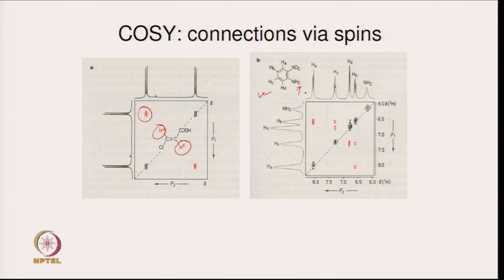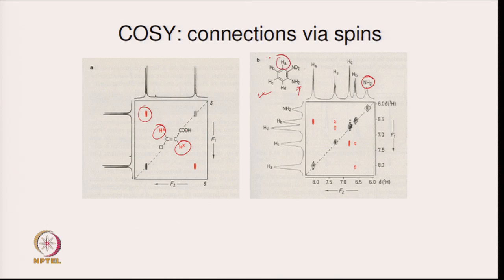If you look here, you have HA, HC, HB, HD and NH2. So, the lowest one is NH2, and since the others are attached to double bond carbon, they have higher chemical shift values.